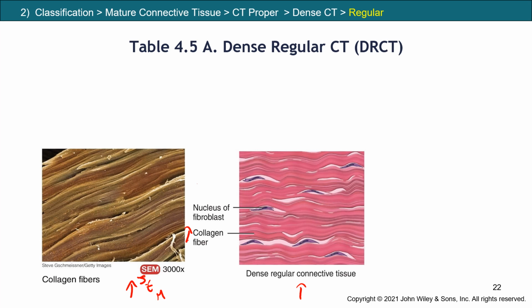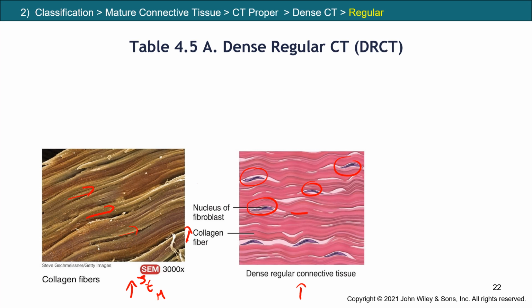And if you have a lot of fibers, you need cells that produce those fibers. So of course, you're going to have a lot of fibroblasts, and all these fibroblasts will be constantly producing these fibers. And if you see the fibers, they have something in common: they are arranged in regular parallel rows.